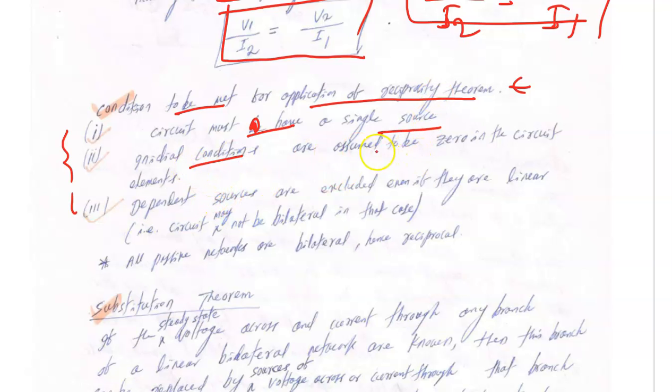Initial conditions are assumed to be 0 in the circuit elements, like capacitors and inductors, so you should assume that initial conditions are 0. Dependent sources are excluded even if they are linear, that is, the circuit may not be bilateral. If there is a dependent source, the circuit may not be bilateral. And I have already told you, all passive networks are bilateral, hence reciprocal.